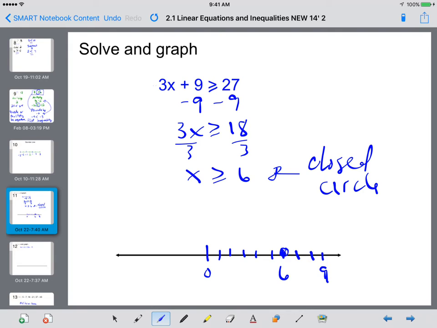So I'm going to make a circle at 6, fill it in. Now this says x is greater than or equal to 6. Since I've got two values, this makes it easy. What side is bigger than 6? Is 9 bigger than 6, or is 0 bigger than 6? 9 is bigger than 6, so I would point in the direction of 9.